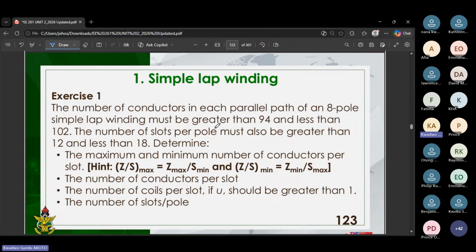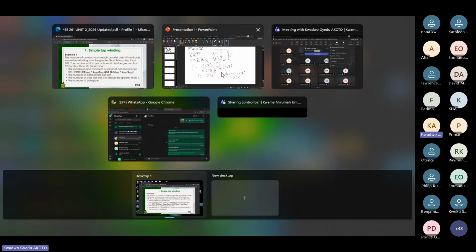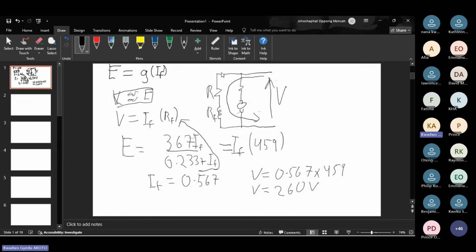Okay. So, exercise 1 says the number of conductors in each parallel part of an 8-pole simple lap winding must be greater than 94 and less than 102. Okay. The number of slots per pole must also be greater than 12 and less than 18.